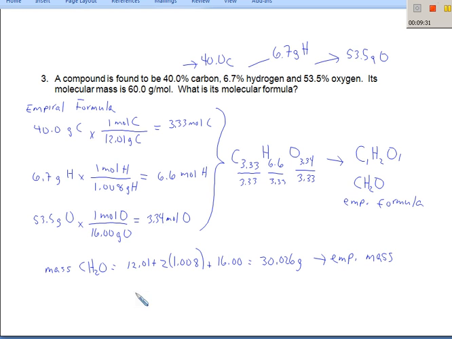So we're going to take our molecular mass, and we're going to divide it by the empirical mass. So we have 60.0 divided by 30.026.